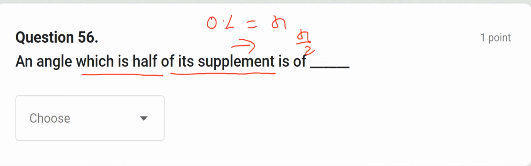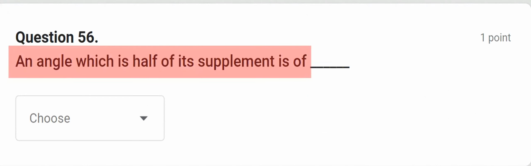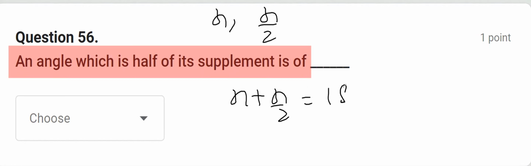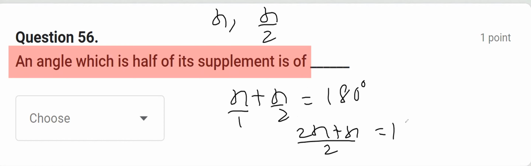These are supplementary angles, so obviously their sum, x plus x by 2, will give you 180 degrees. If you take the LCM, this is 2x plus x is equal to 180 degrees. So this is 3x by 2 is equal to 180 degrees.